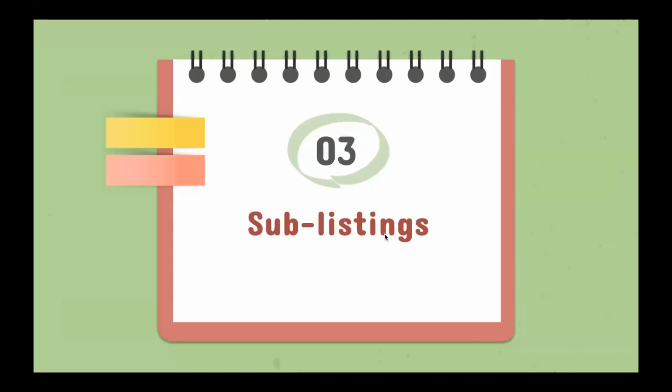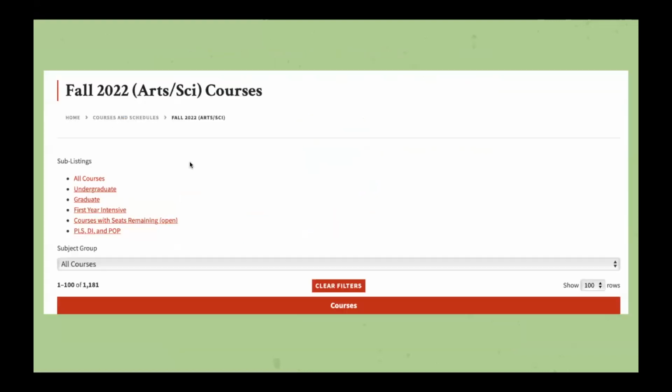So next we have sublistings. These sublistings over here are basically the undergraduate, which means that if you click on that, it would show only the undergraduate courses, and you want to kind of stay in that one because you don't really want to sign up for graduate courses. You can search up the first year intensive, which is your FYI course, and it'll show the whole listings of the different FYI courses there are for this semester.